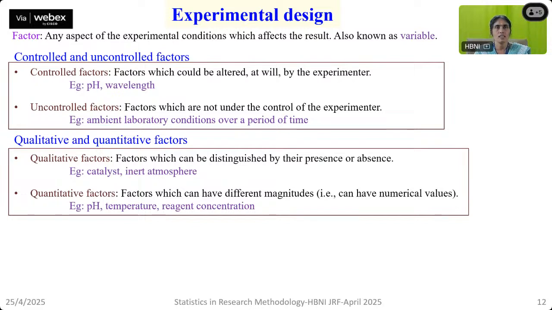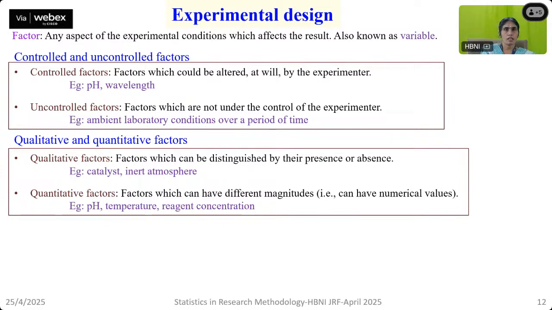And sometimes these factors may manifest just as a qualitative influencer. Sometimes they give changes which are measurable, quantifiable. For example, the presence or absence of a catalyst may lead to change in the rate of a particular reaction.